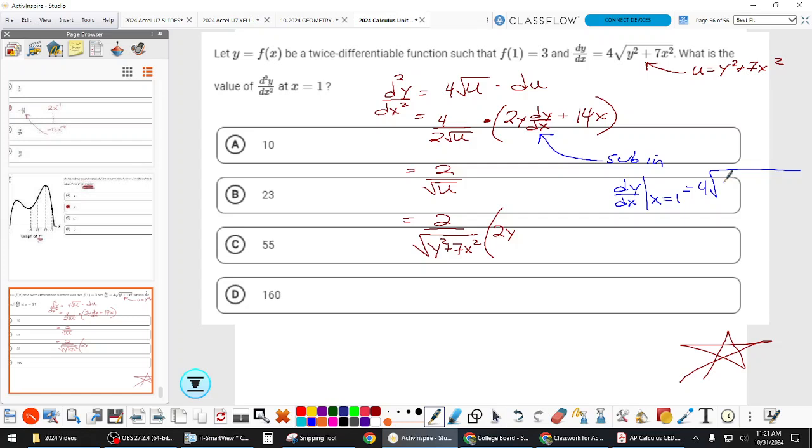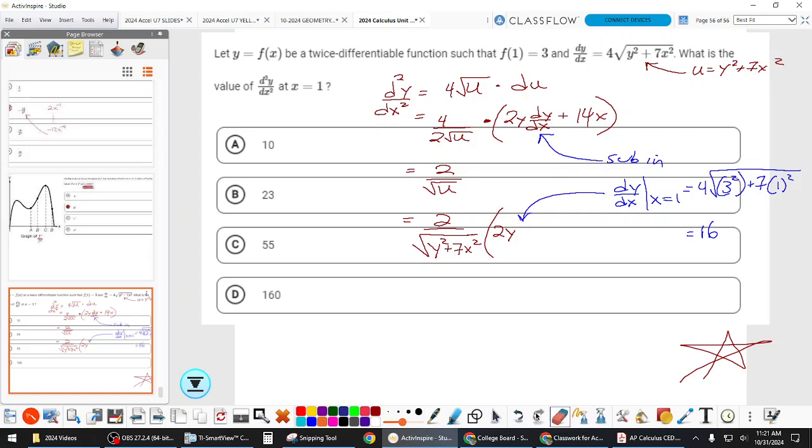So 3 squared plus 7 times 1 squared. Did you say this whole thing is 16? Yeah, because 9 plus 6 plus 7. Okay. Anyway, if you can separate that out, you save yourself a little bit of writing.